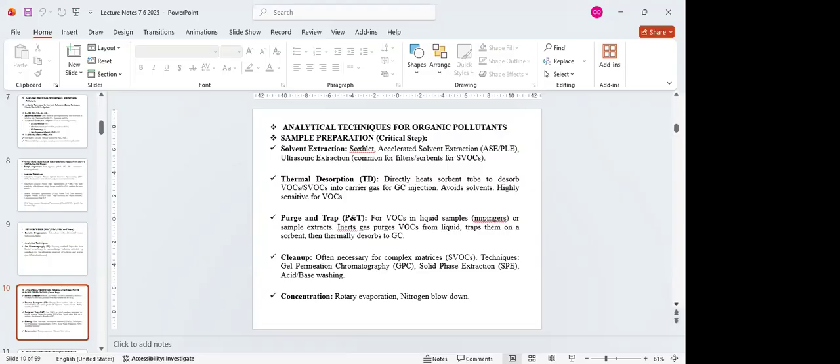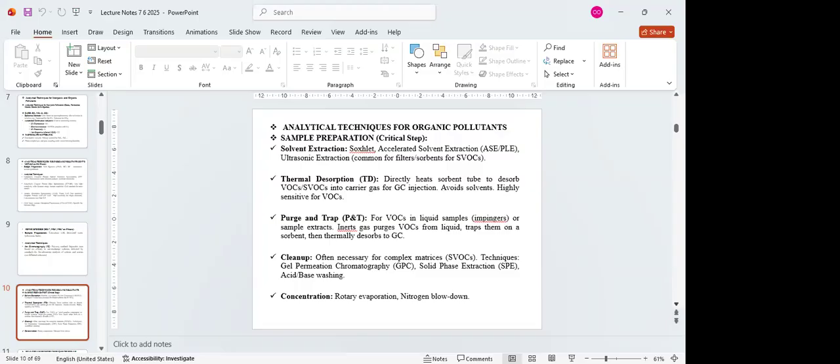And I want to add here that we also have the one that is assisted by the use of the microwave. So we call it microwave assisted extraction.